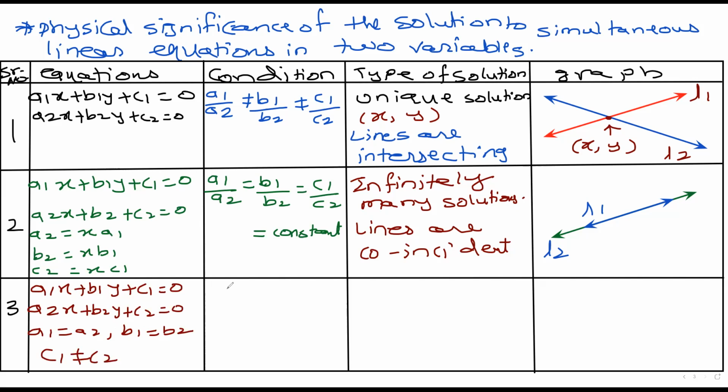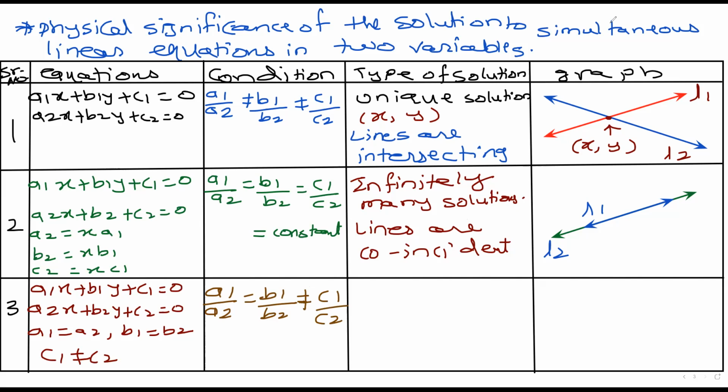They are very similar, but you'll understand. The condition is A1 upon A2 is equal to B1 upon B2. Their ratio is the same, but the constant is different. I'll give you an example so you'll understand. The constant is different, so this is not equal to C1 upon C2.